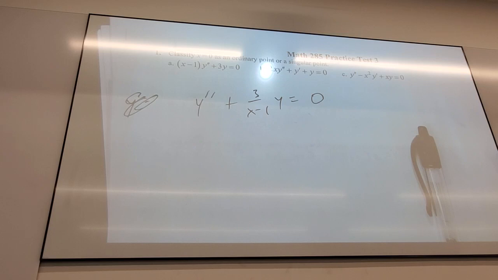Nothing wrong with 0. 0 is ordinary, right? Which problem is 0 not ordinary? B, because when I divide by 2x to figure out what P of x and Q of x are, 1 over 2x is not continuous through 0, so it will be singular there. Remember, you already know this stuff. In general, what's got to be true about the coefficient of the first term of our DE to be guaranteed that a unique solution exists?